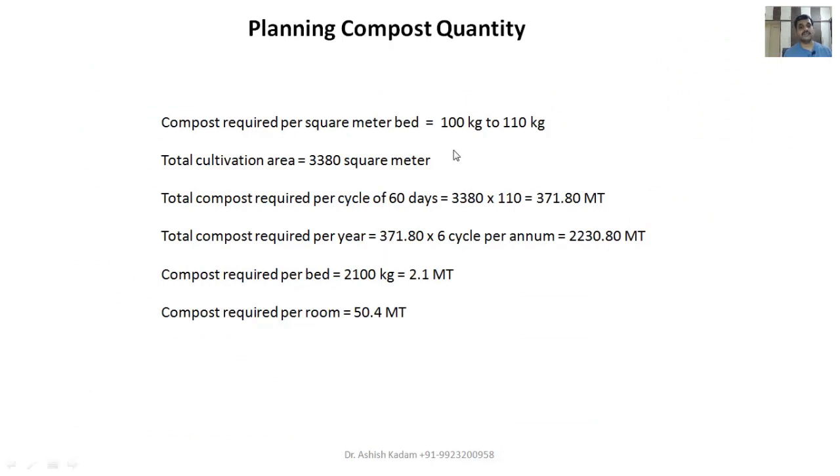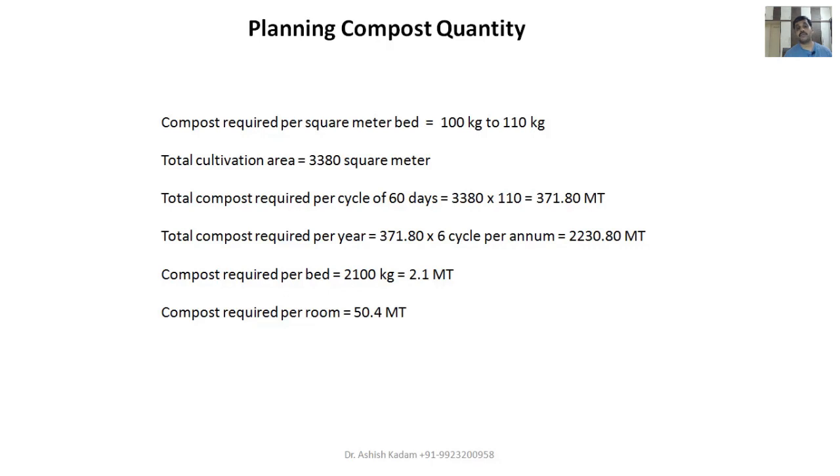Now we have seen that for each square meter of area we require to put 100 kg to 110 kg of compost. Now again, a few farms in Canada, a few farms in Ukraine, have gone to 80 kg of compost for 1 square meter of area.